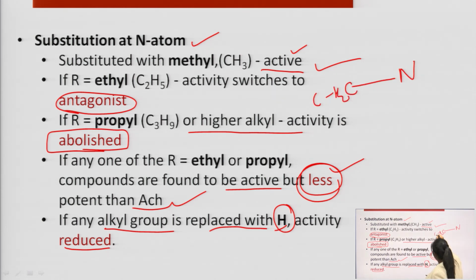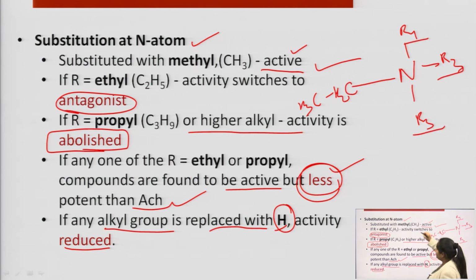So we have various options. Here it is bound with this ethylene chain, and we have three options, R1, R2 and R3. If these are substituted with methyl, that is okay, the compound formed will be active. If we replace this methyl group with ethyl, the activity switches to antagonist rather than agonist to acetylcholine.